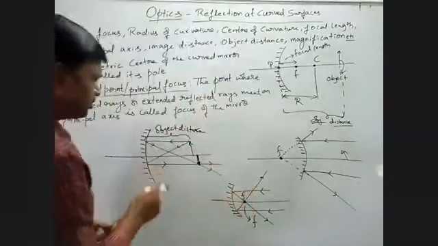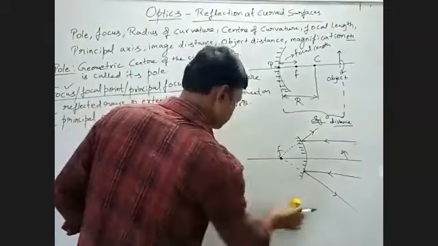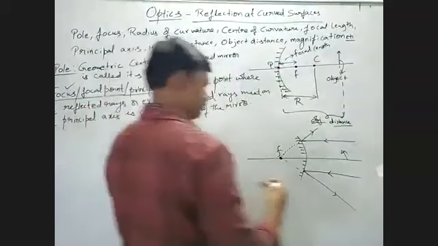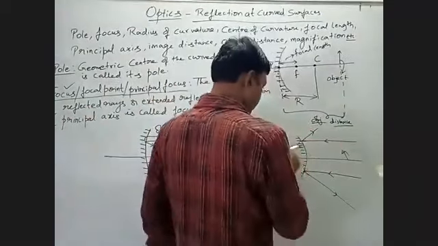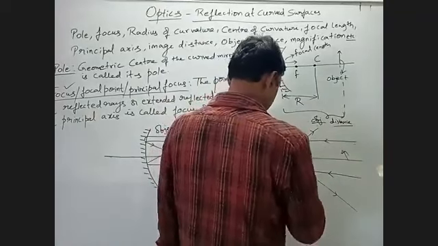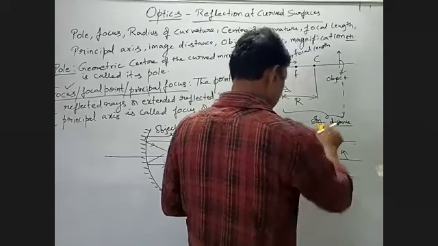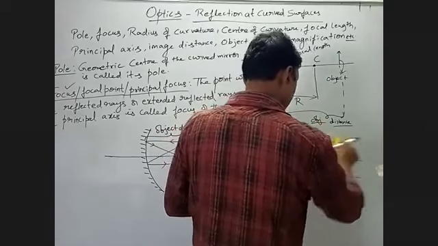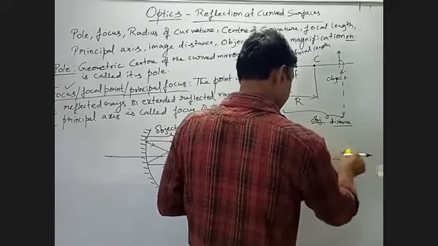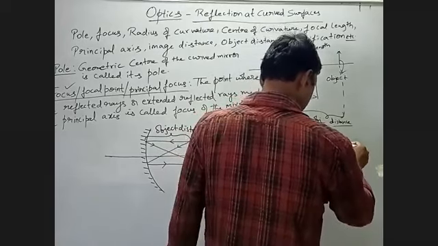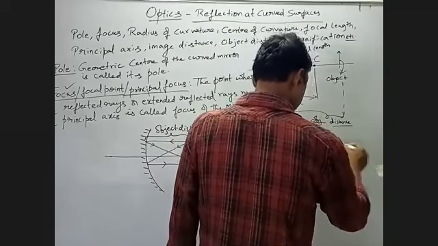Now coming to object and image distances. For this you take anywhere. So now this is the focus concept. Now we shall take the distance of the image. One ray we take from the top of the object, suppose an extended object is like this.